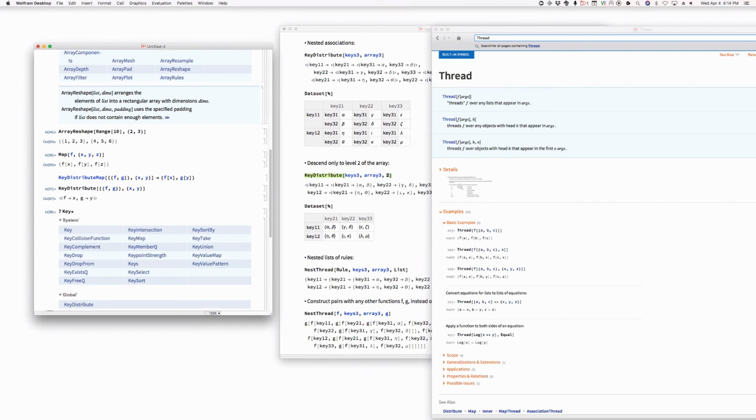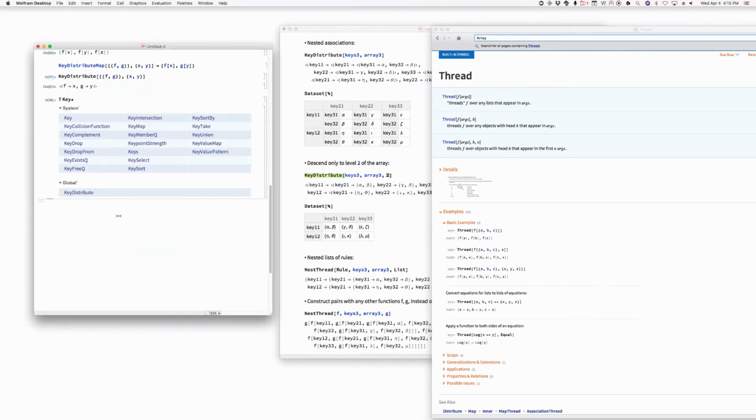Is distribute the right concept? So we've got an array, we've got a key, but what are we really doing with it? It's one connection. As I said, threading, distributing, and map indexing are things that seem similar to me. What about array distribute? Or is that completely crazy?